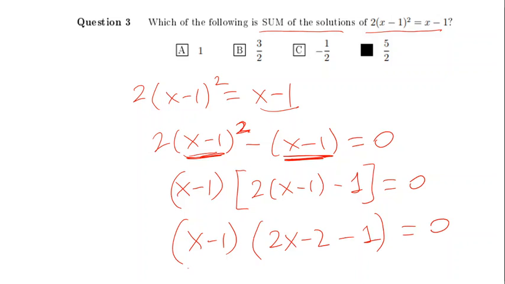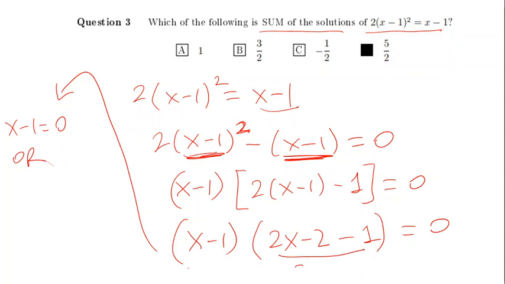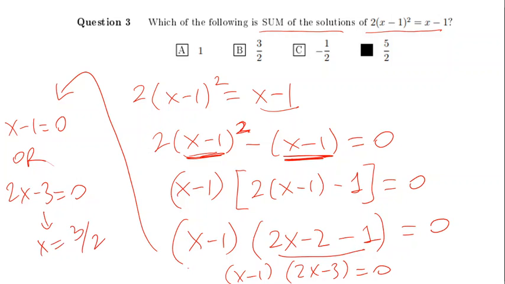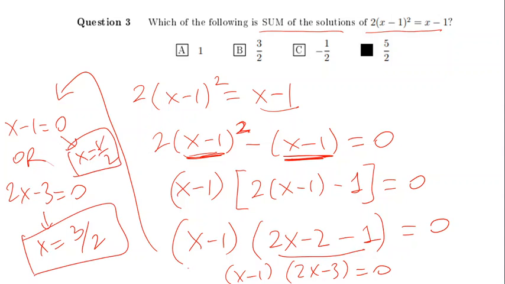So here we have two options, x minus 1 equal to 0, or this one, which is 2x minus 3 equal to 0, and you solve it. This is x equal to 3 over 2, and when you solve the other one, you get x equal to 1. Sorry, this is 1, not 1 over 2.